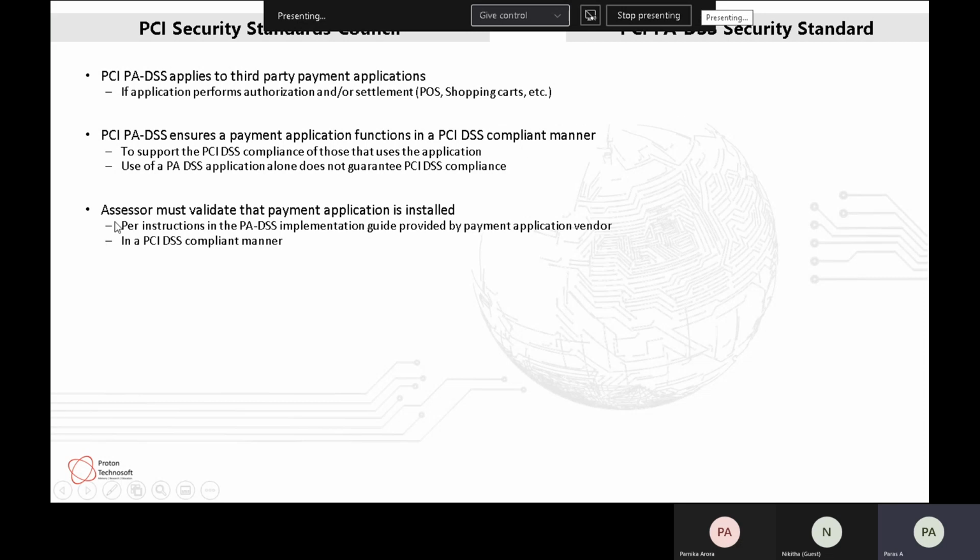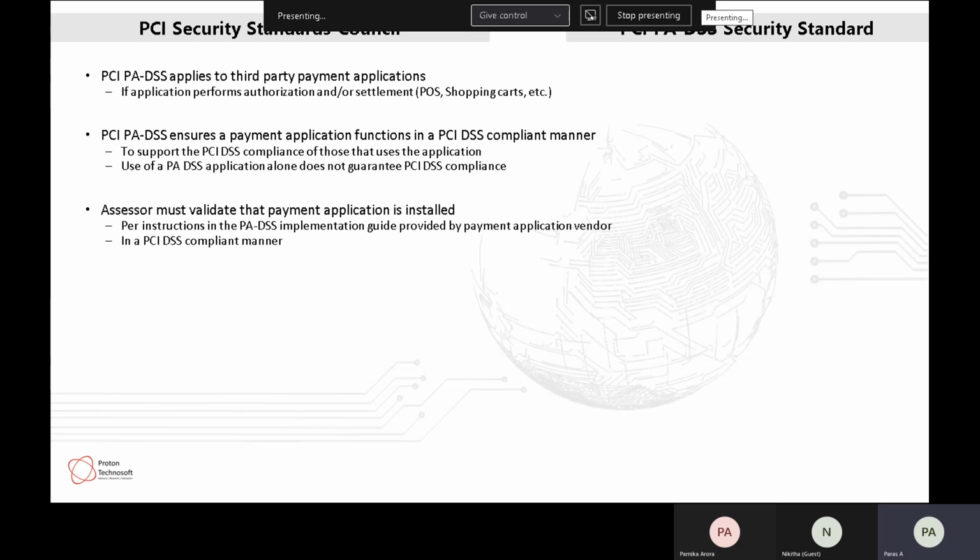As an assessor or as a QSA, which is a qualified security assessor or auditor, whatever we want to call it, we must validate that the payment application is installed as per the instructions in the PADSS implementation guide and/or in a PCI DSS compliant manner. So as an auditor, when we go and audit an environment, we cannot leave out a PADSS application.